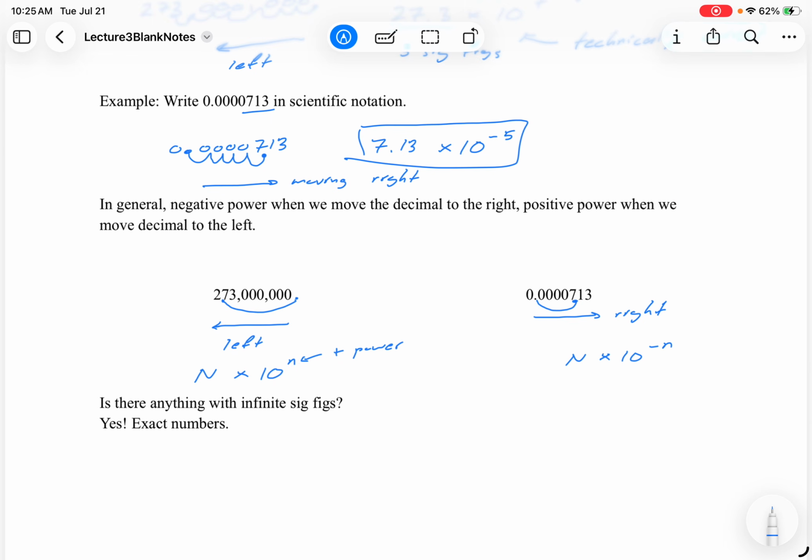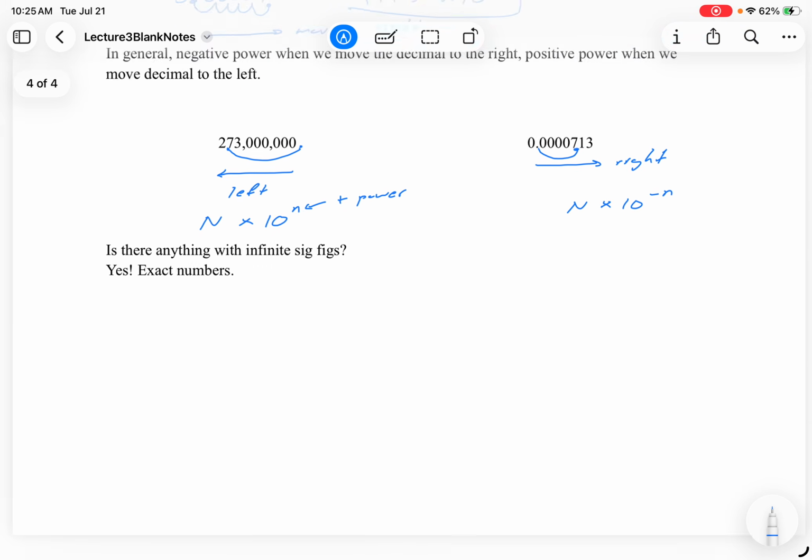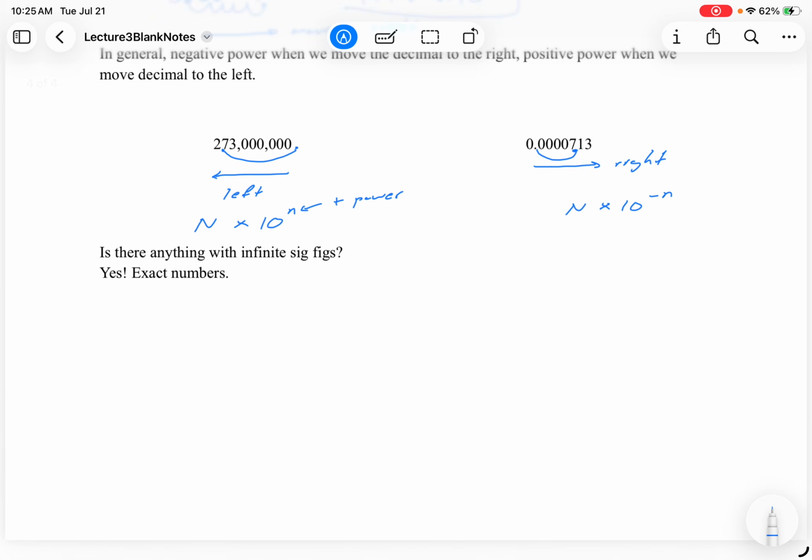So yeah, just keep that in mind. Is there anything with infinite sig figs? Yes, there actually is, and they are called exact numbers. An example for this would be you count 10 $1 bills.